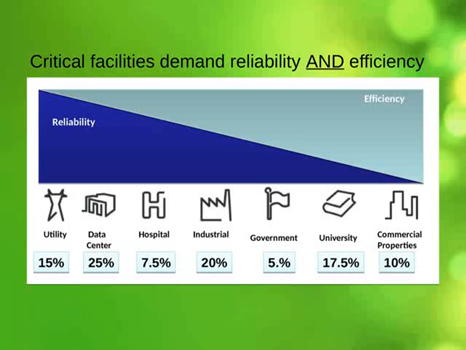We've got just a little bit of insight here on the segments and which segments really tend towards the reliability side of the value, and then those that really tend towards the efficiency side.